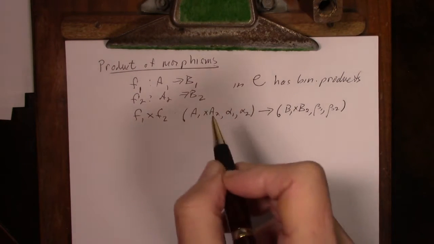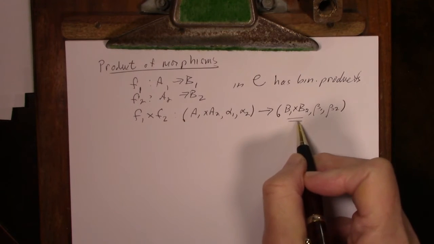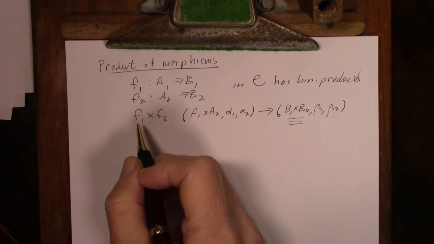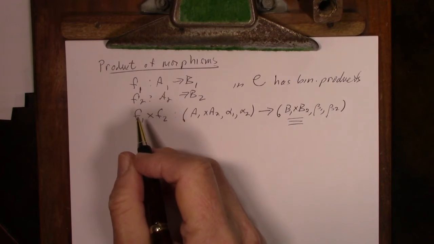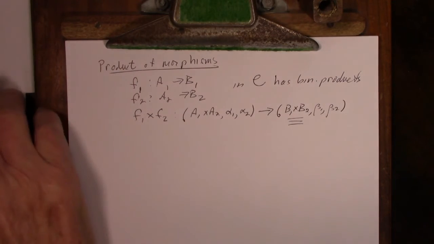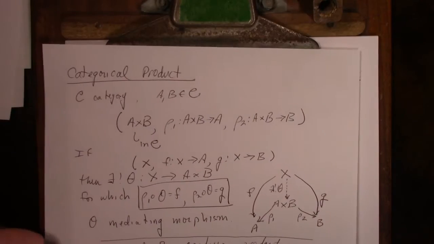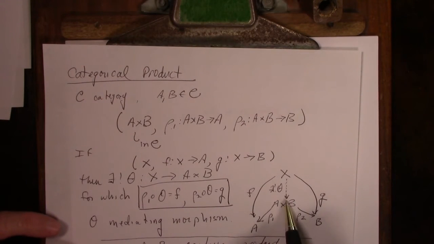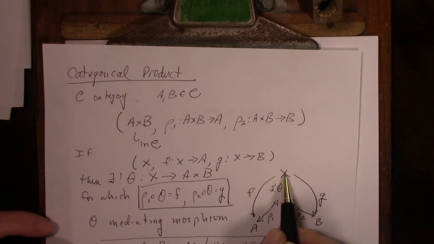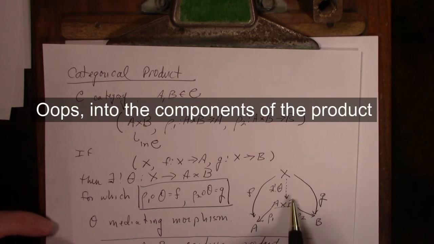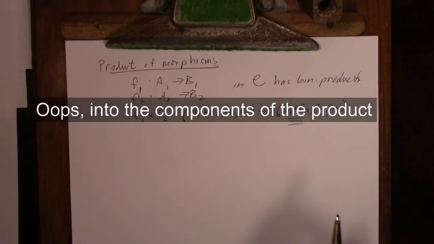So what we need is a map into a product. How do you define a map into a product? Well, if you look at the definition of categorical product, the mediating morphism is a map into the product. So all we need to do is produce a pair of maps from the domain into this product and then invoke the definition of product.